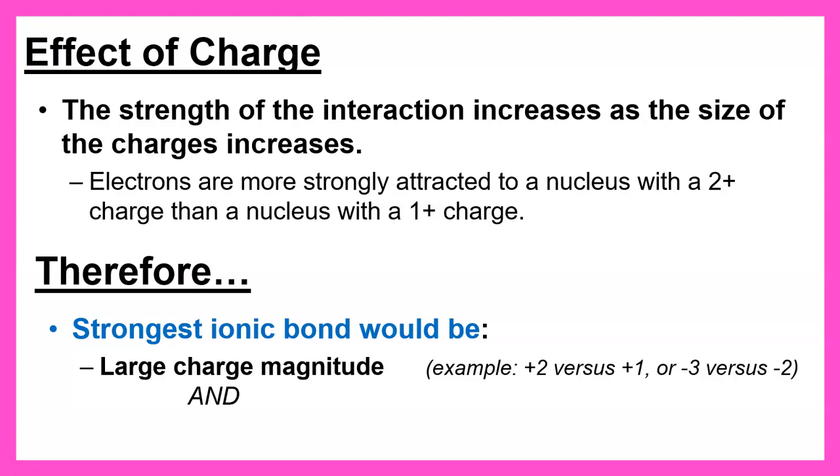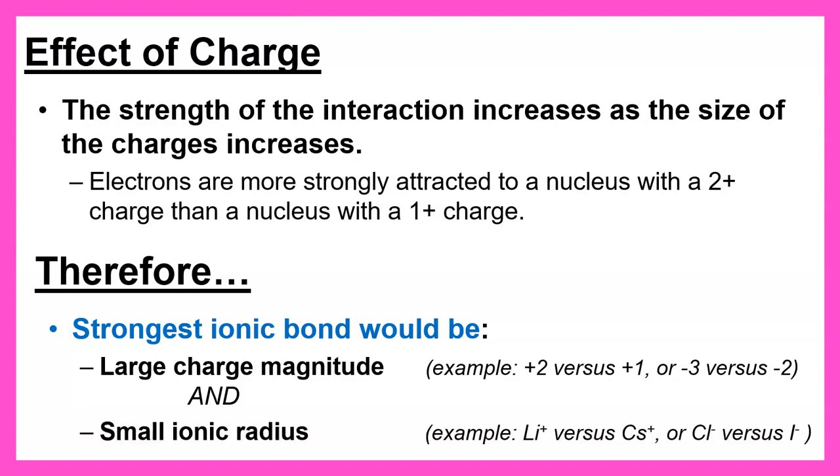Maybe you have a +2 versus a +1. Works for negative as well, right? -3 versus a -2. The larger the charge, the stronger the bond. And the smaller the radius, the stronger the bond. So large charge and small radius gets you a nice strong bond.